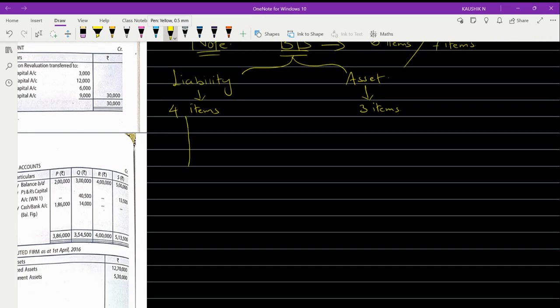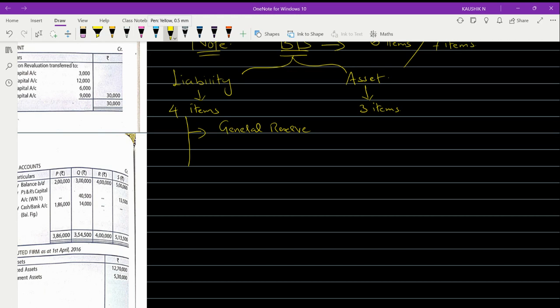Let me record it one by one. First, your general reserve. If you don't have any claims, then the entire amount of general reserve has to be distributed in the old profit sharing ratio among the old partners.